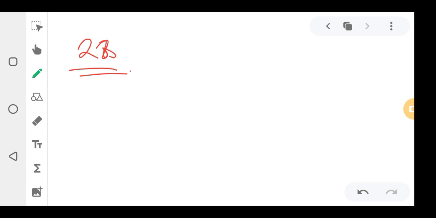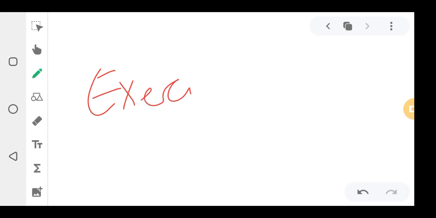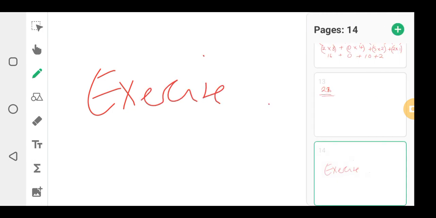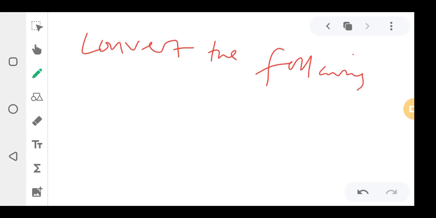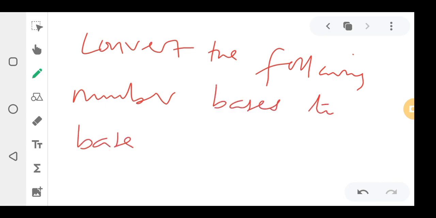So we go now to the exercise. Now it's your duty to do this exercise. Okay, so the question is, convert the following number bases to base 10.